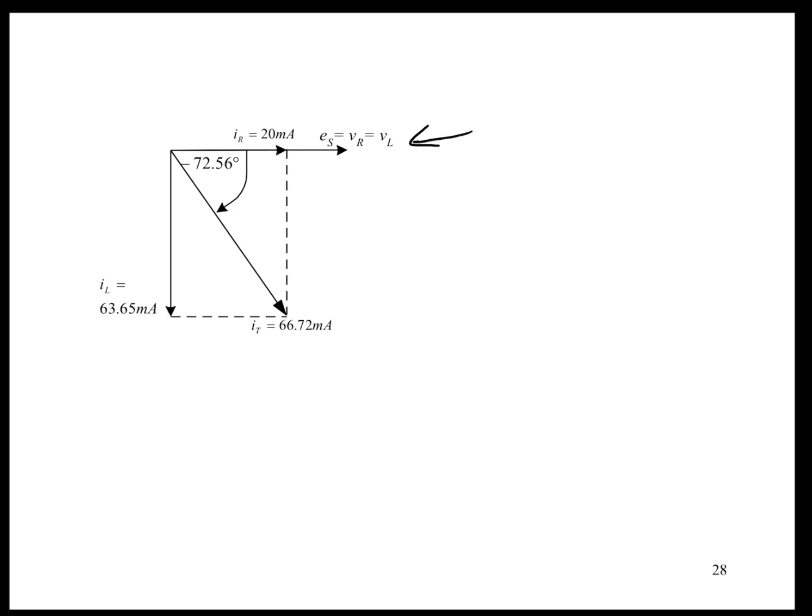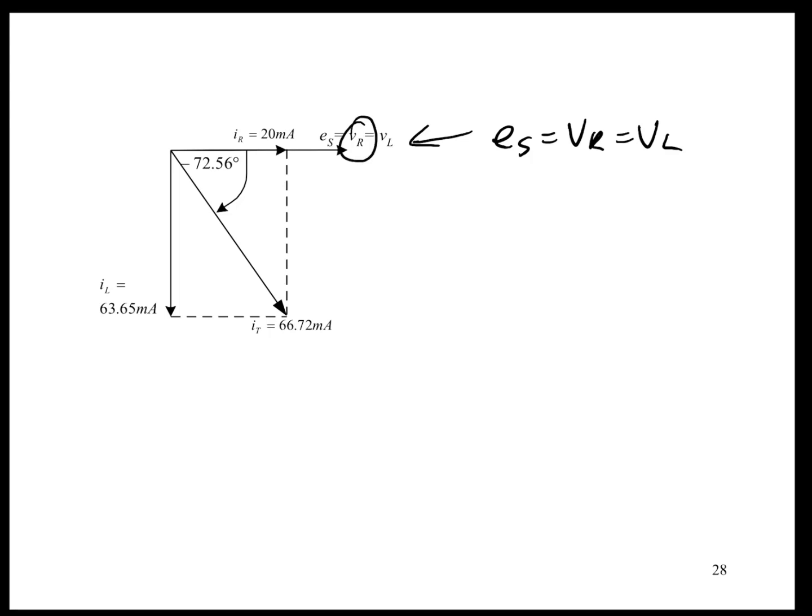Remember, in a parallel circuit, we have this relationship for voltage. E source equals VR equals VL. It's our common quantity. Remember, because we said, just like back a few slides ago, that voltage and current for a resistor are in phase.